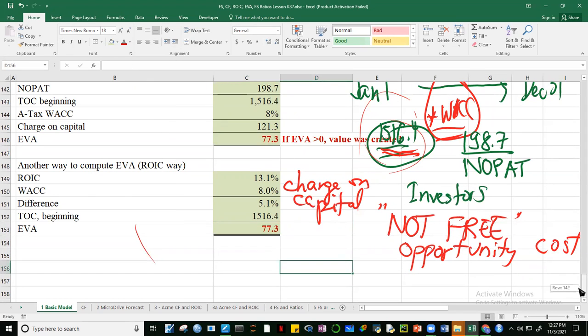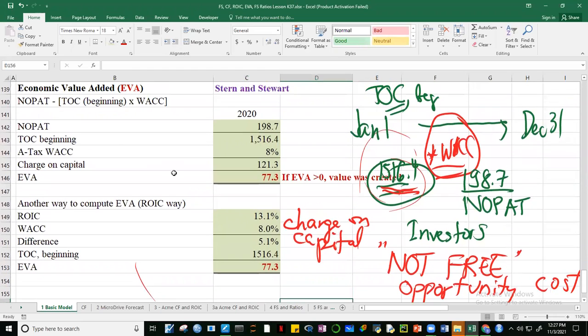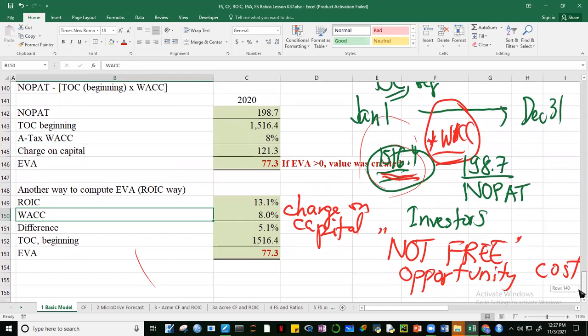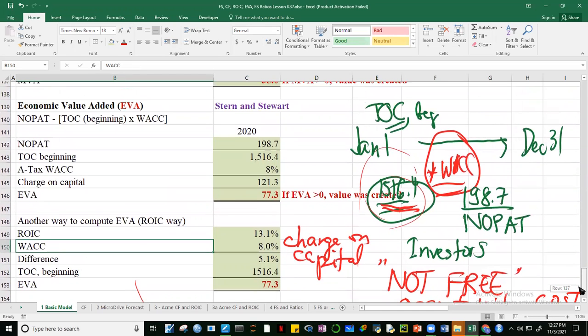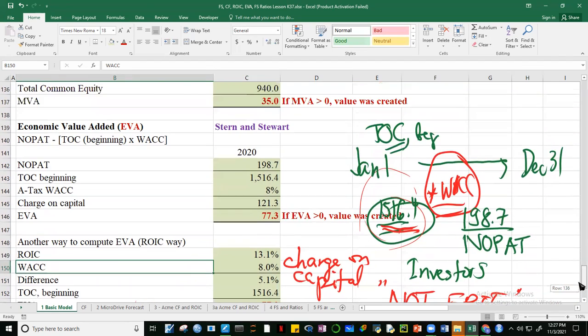So two ways we did this. First was via the difference between NOPAT and the charge on capital. The second one is the difference between the ROIC and the WACC. So this will yield the same answer. All right, so value was created because EVA was positive.